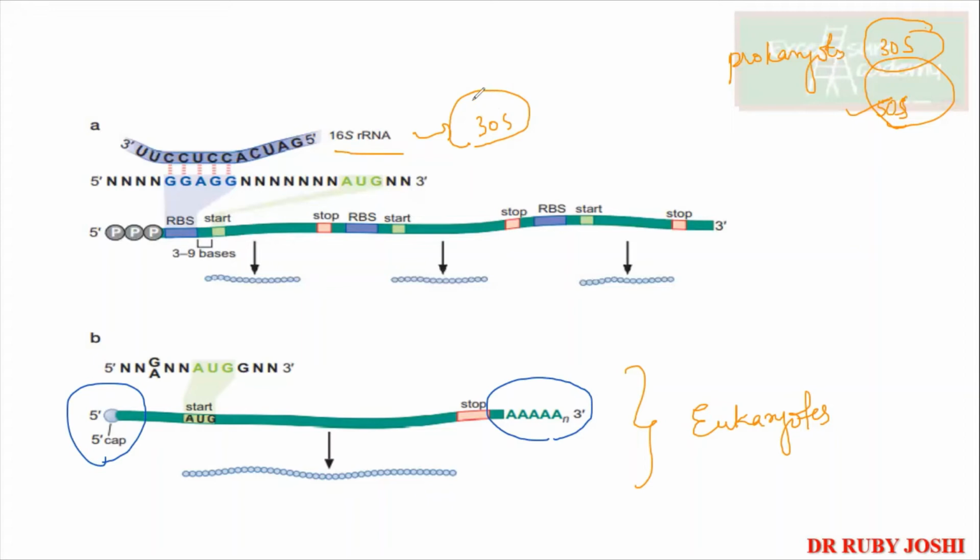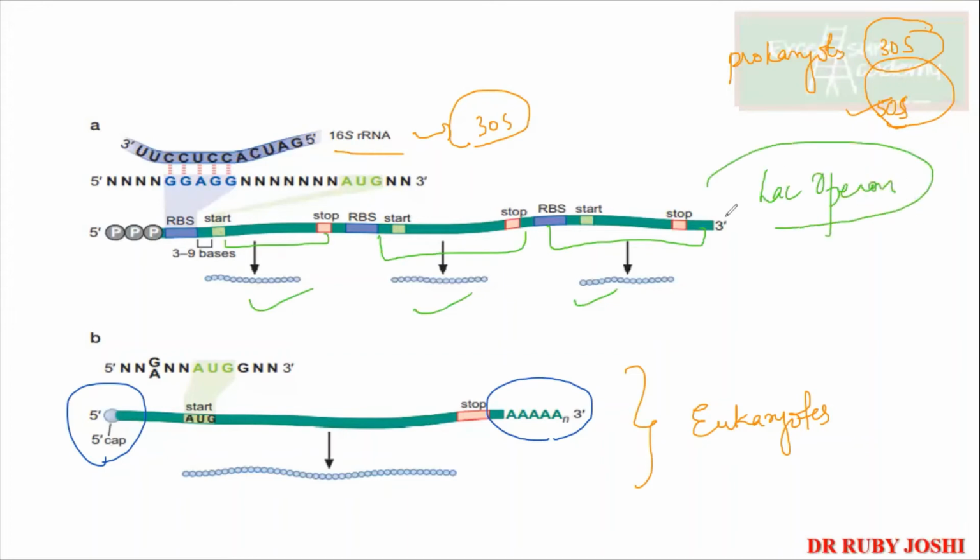Okay. Now coming back to over here. So what do we see? Okay, that is done. Now what do we see over here? That you have got start, stop. Again start, stop. Again start and stop. So it is going to code for your 3 polypeptide chains. Now, I don't know whether you have studied or not, but whenever we talk about bacterial operons, have you ever heard of the lac operon? The lac operon, which is for lactose, so that the bacteria are able to metabolize lactose whenever glucose is not available in the media.